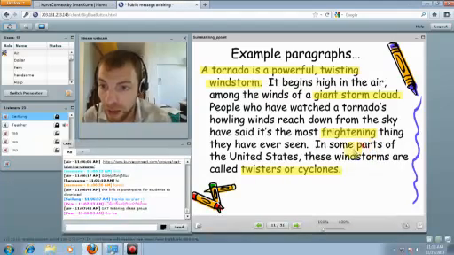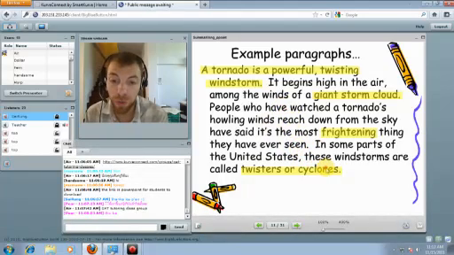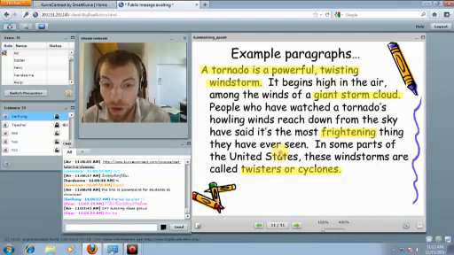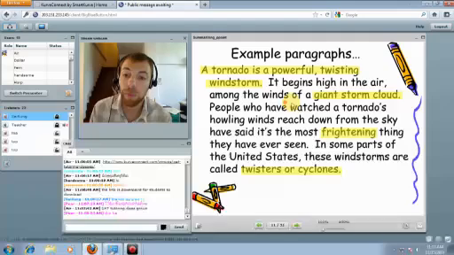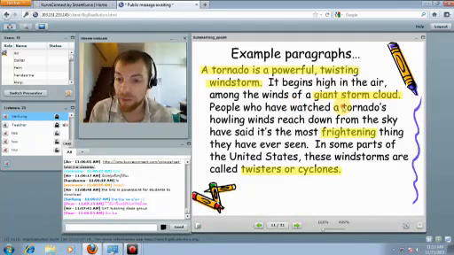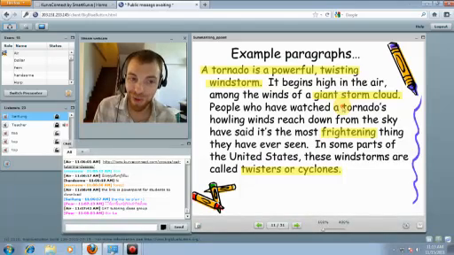Very easy. Looking back here, there is some information that we don't need to talk about, like the United States or what people think, where it comes from, but we talk about the main ideas. So we make it very short, very easy. Right? Okay.